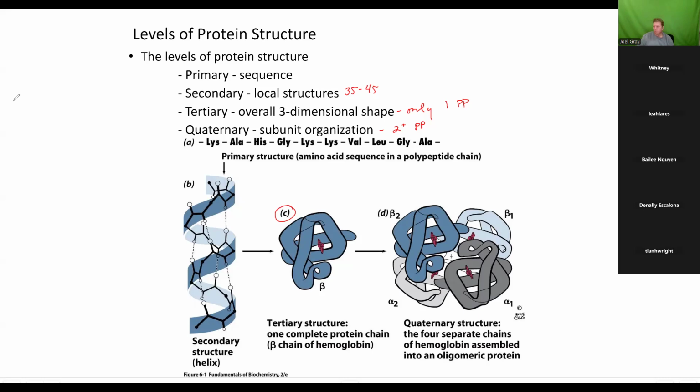What's important to know about all these different levels is what forces hold them together. Your primary structure is held together by covalent bonds. Your secondary structure is backbone H bonds. Your tertiary structure, basically I'm going to capture it all with R group interactions.